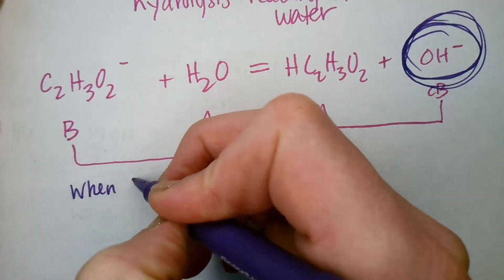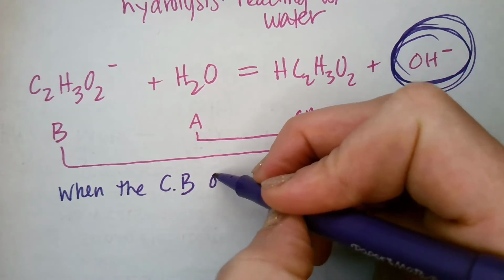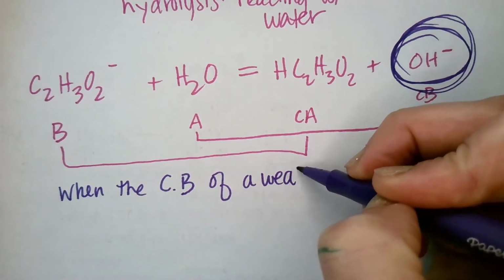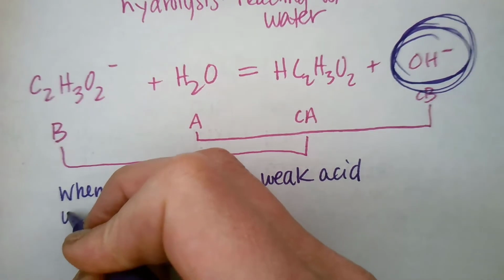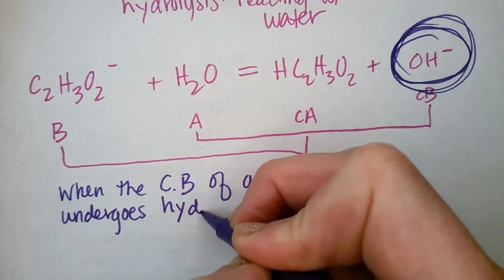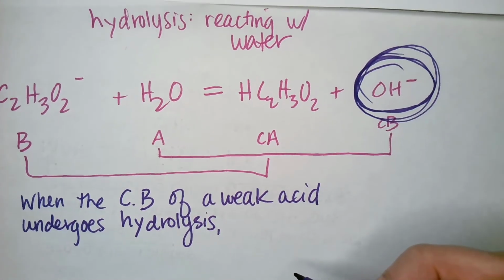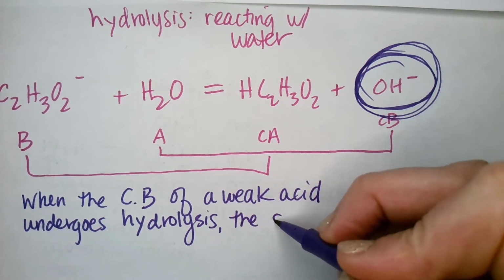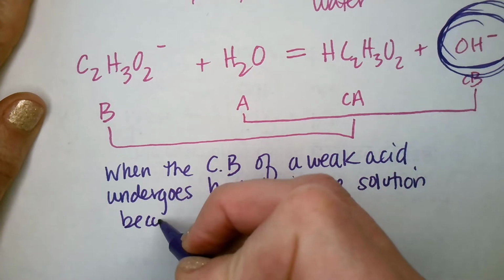So we can generalize and we can say when the conjugate base of a weak acid undergoes hydrolysis, the solution becomes more basic.